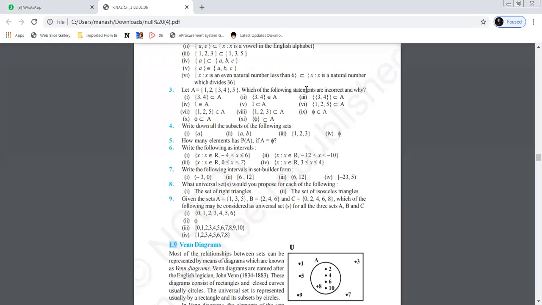So which of the following statements are incorrect and why? First one is {3, 4} a subset of A. Is this true or not? True, sir. Anyone? Why is it not true?